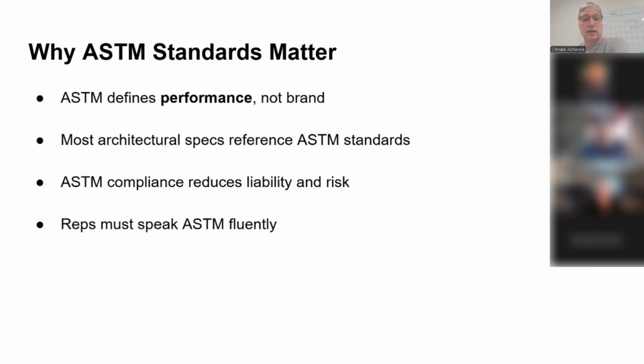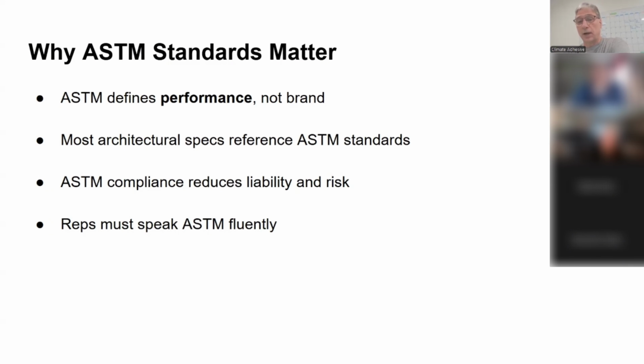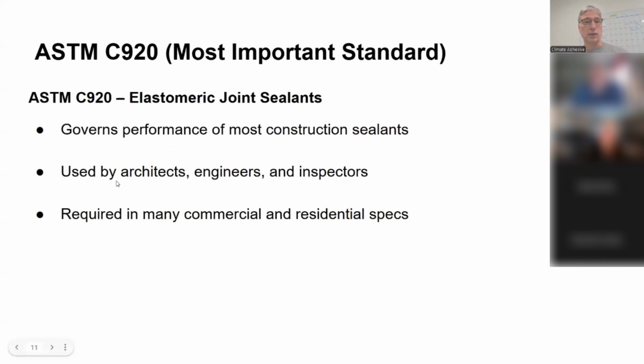And that ASTM compliance reduces liability and risk. So you're using the right product for the right application. And so we have to be able to speak fluently about these ASTM standards. Again, the main one is ASTM C920, which is mostly what you would probably talk about.